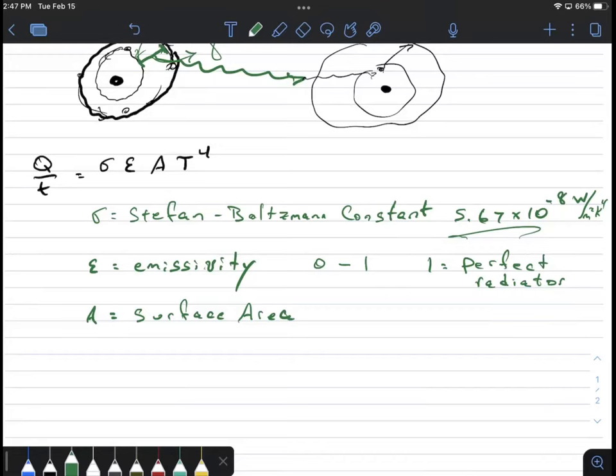Now, obviously, if what we're looking for is how much energy is sent off per second, how much is radiated, notice that only the surface of the object matters. In order for this light to leave the object, it has to be at the surface. If I'm talking about a sphere like a sun, so here's my sun.